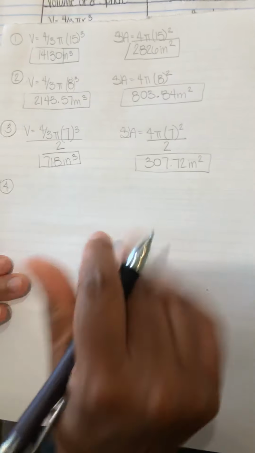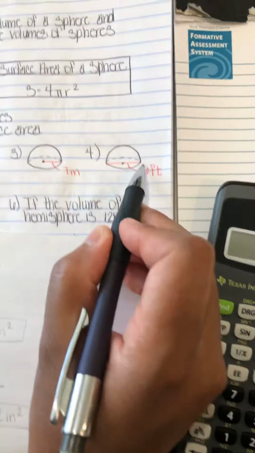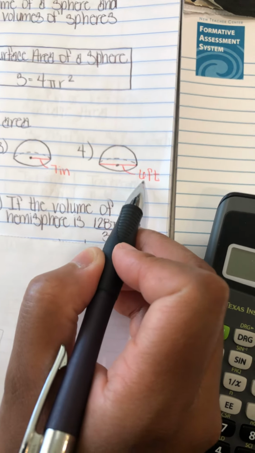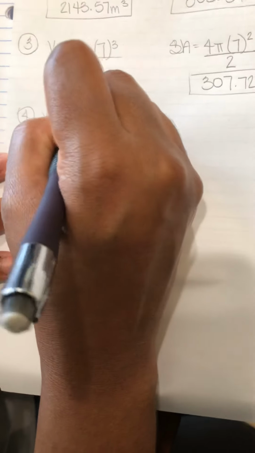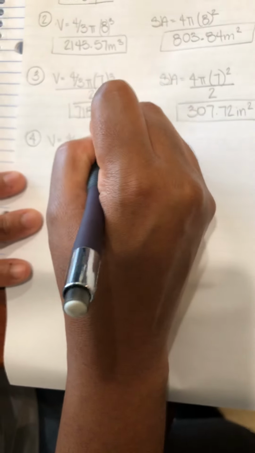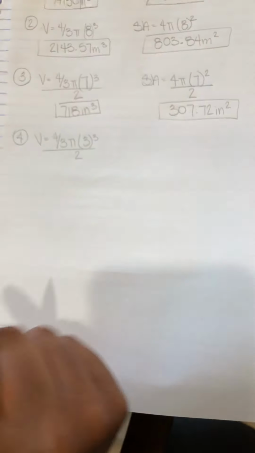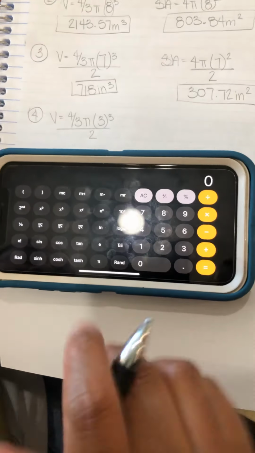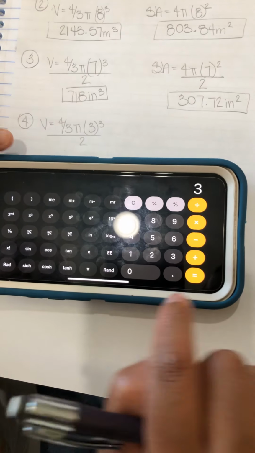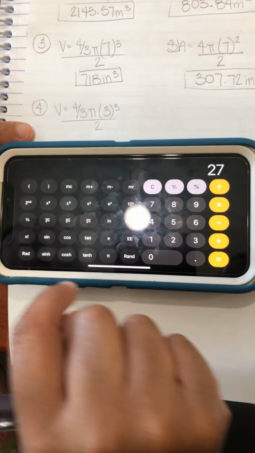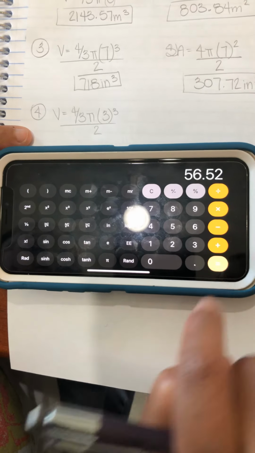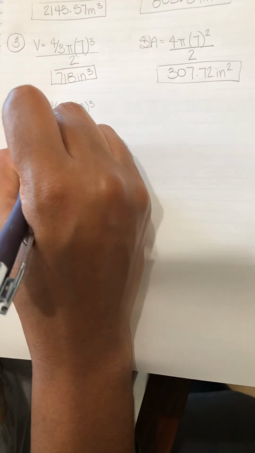For number 4, this time they give me the diameter, so I need to take this number and divide it by 2. So 6 divided by 2 gives me 3. So again, I'm going to write in the formula. V equals 4 over 3 pi 3 to the third divided by 2. So again, in my calculator, I'm going to hit 4 over 3 times 3.14 times 3 to the third divided by 2, which gives me 56.52.